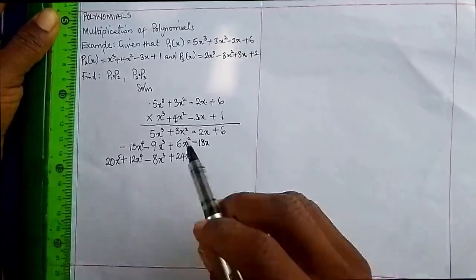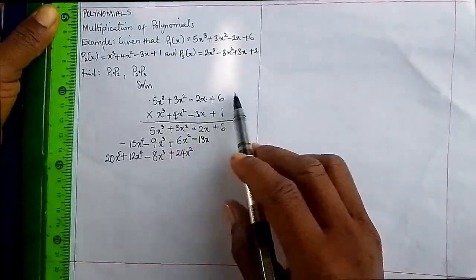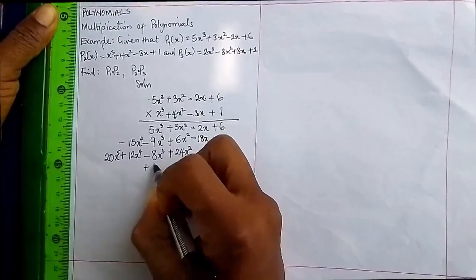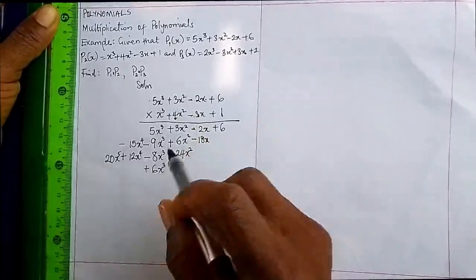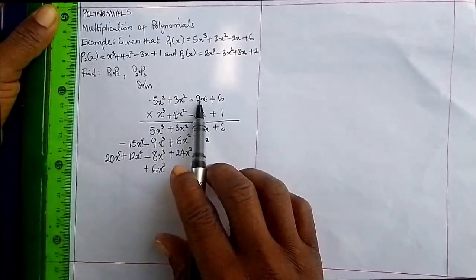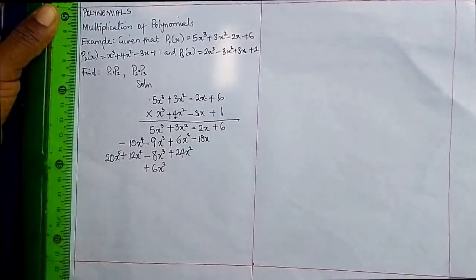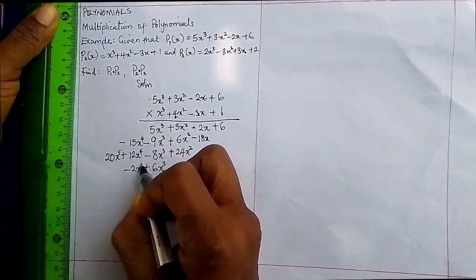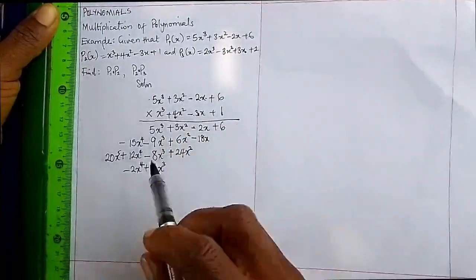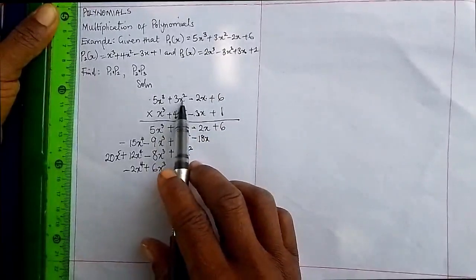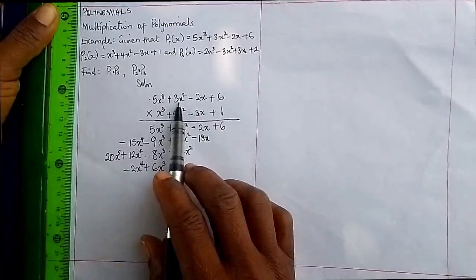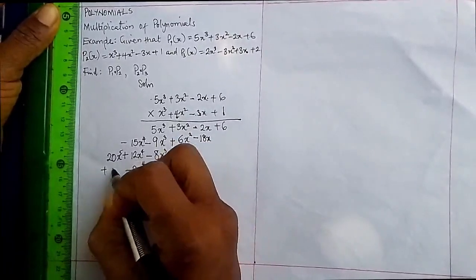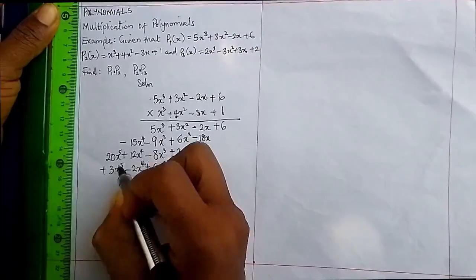Then the last step, x cubed multiplied by 6, it gives us plus 6x cubed. Then x cubed multiplied by minus 2x will give us minus 2x raised to the power of 4. x cube multiplied by 3x squared will give us plus 3x raised to the power of 5.